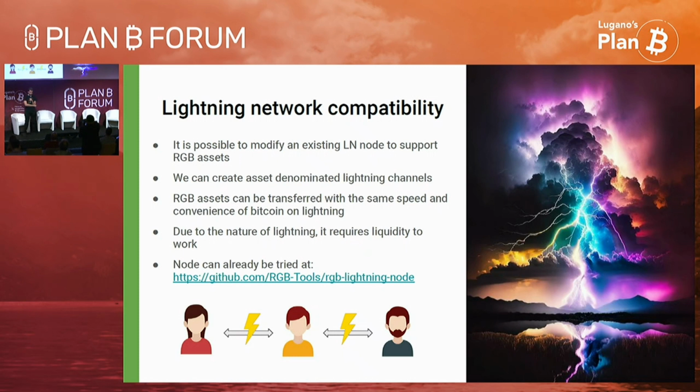When we started working on this, it happened to be easier than we expected. Because in the end, RGB just adds meaning to a Bitcoin transaction. It doesn't use Bitcoin scripting. It doesn't need to do anything with the Bitcoin transaction. It just has a commitment to the Bitcoin transaction.